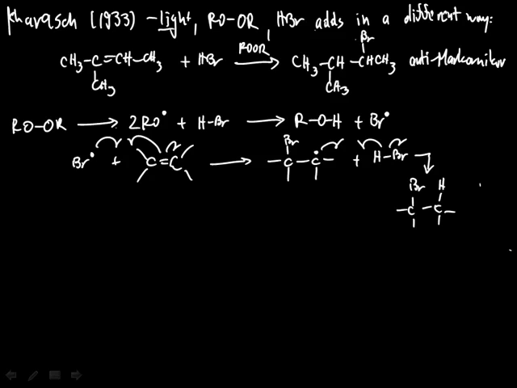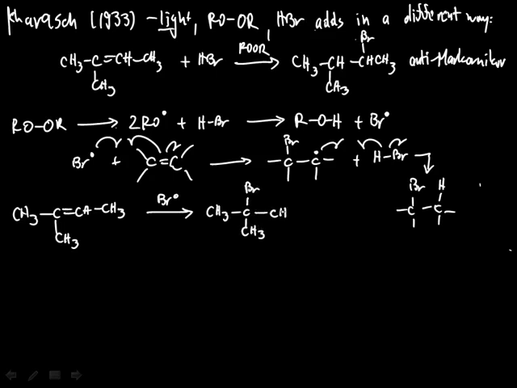So if we look at our original example, and focus just on the bromine addition in this step, we could add bromine onto the more substituted carbon, which would leave us with a secondary radical here.